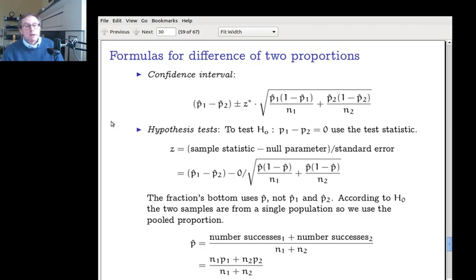There's a formula there. You take P1 hat minus P2 hat, take away 0, and then divide by, and it does not say P1 hat, it says P hat. And P hat, well, what's that about? What happened to the P1 and the P2?